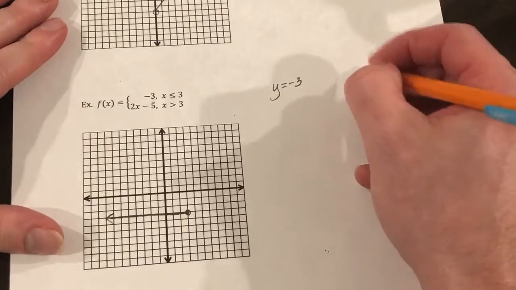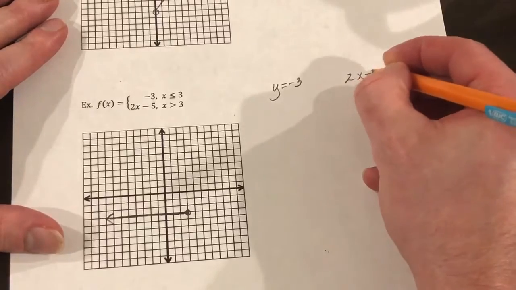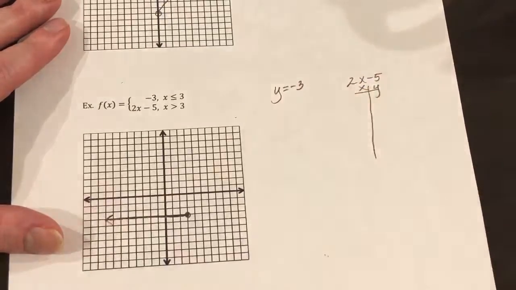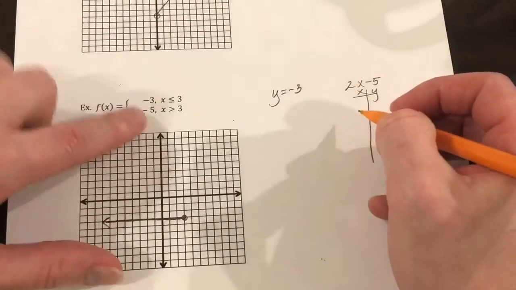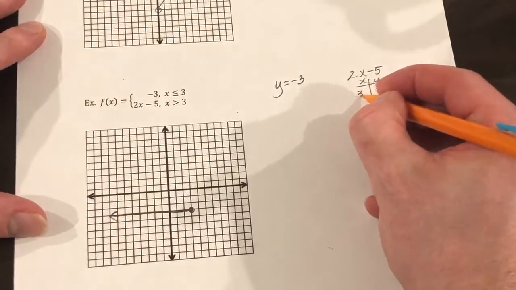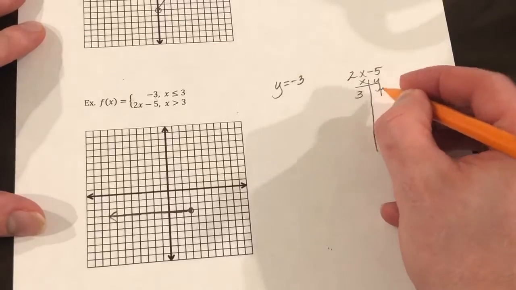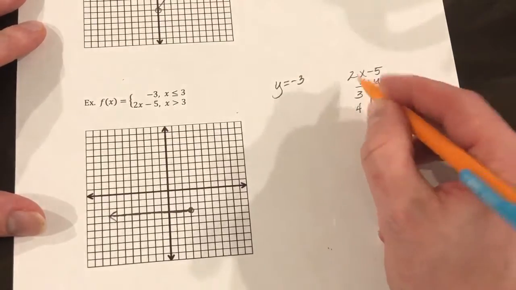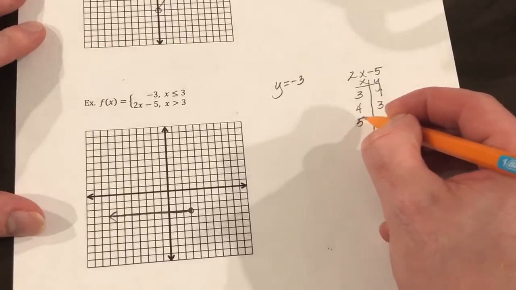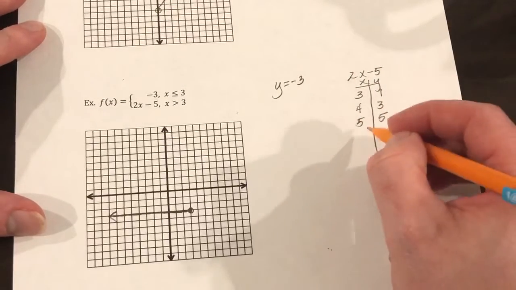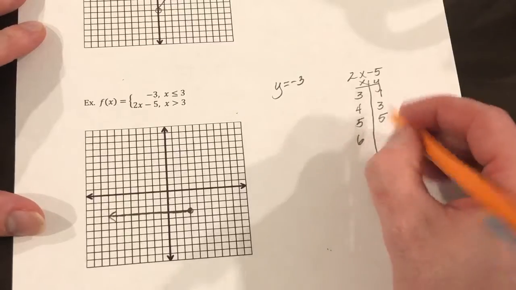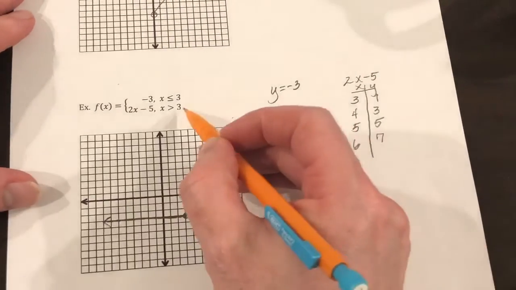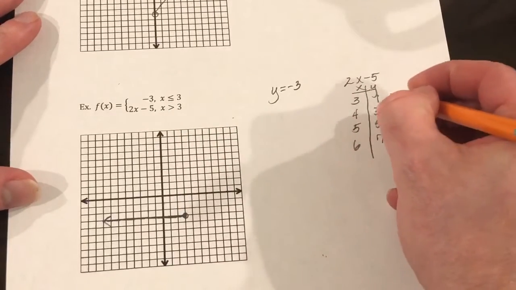Now I'm going to take my t-chart and build it for the other portion. I'm going to start at 3. So I get 3, 1, 4, 3, 5, 5, 6, this should be 7. I'm going to have an open point because there's no equal to sign.